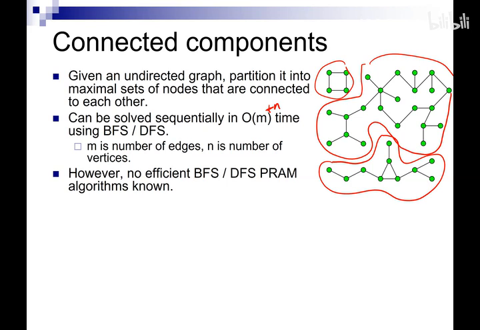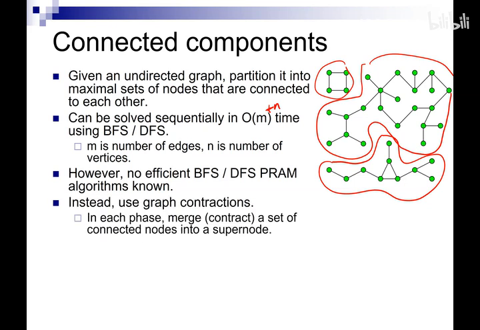The algorithms we have for BFS and DFS either have a very large depth, something like linear in the number of nodes, or the work is very high. So we don't have PRAM algorithms which have both linear work and logarithmic depth. Therefore, we're not going to use BFS or DFS to solve connected components in the PRAM setting.